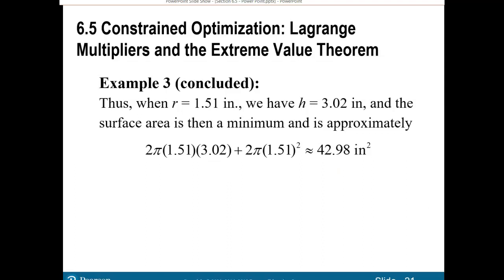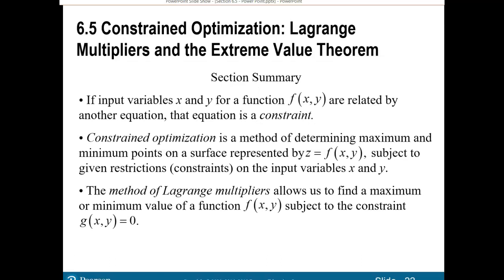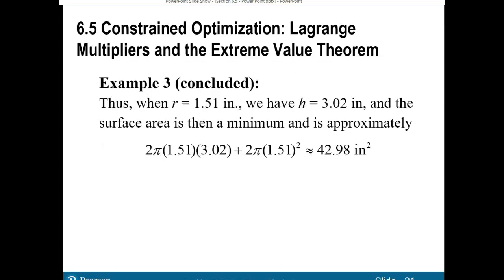So roughly 43 square inches. I know that one looks a bit messier because the formula involves the lambdas and the pi's, and you just got to pay attention and work through the steps.